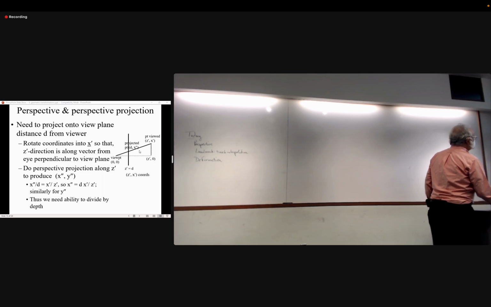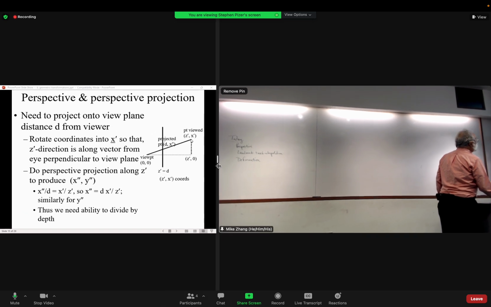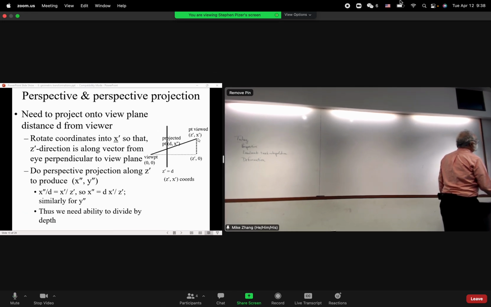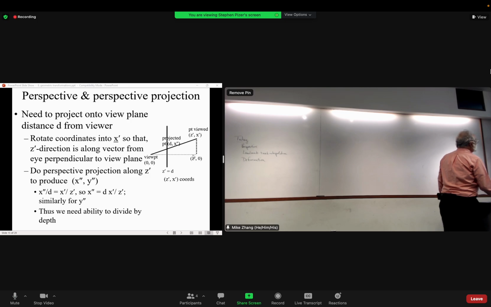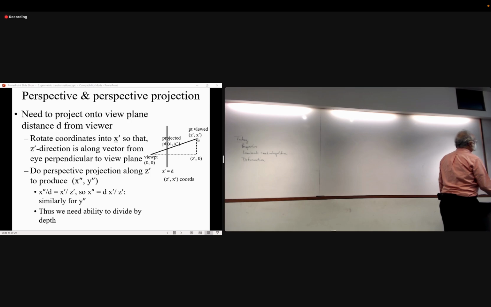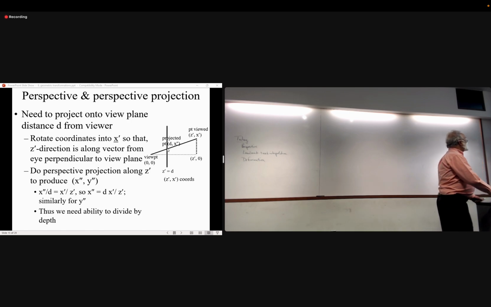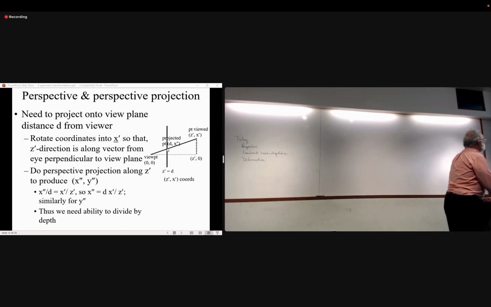you're interested in where any point out here that's at depth z prime and distance in this direction x prime, or in 3D x prime y prime, where it projects onto the screen. Right? And so you're interested in what this leg is.